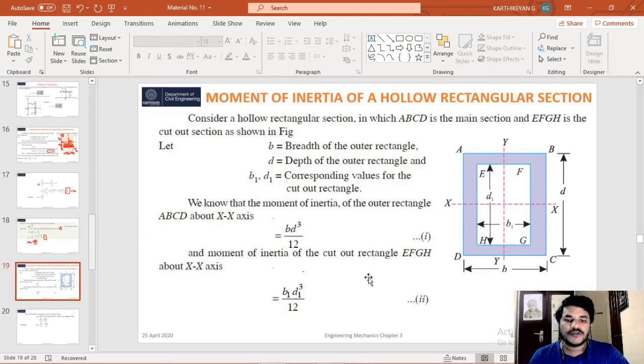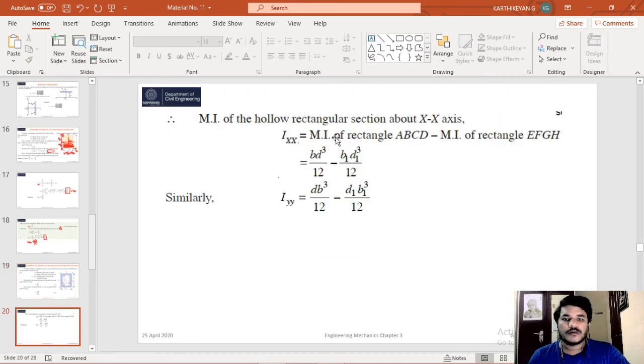So the moment of inertia of this small rectangle about x-axis is b1 d1 cube divided by 12. So that is moment of inertia of big rectangle minus moment of inertia of the small rectangle: bd cube divided by 12 minus b1 d1 cube divided by 12. Okay. Similarly, Iyy is db cube by 12 minus d1 b1 cube divided by 12. That's all. It is over. Okay.